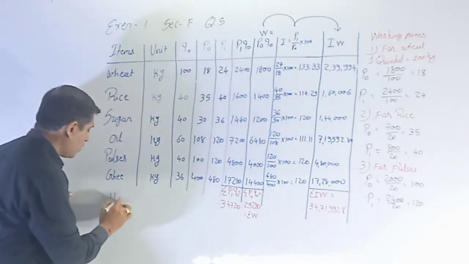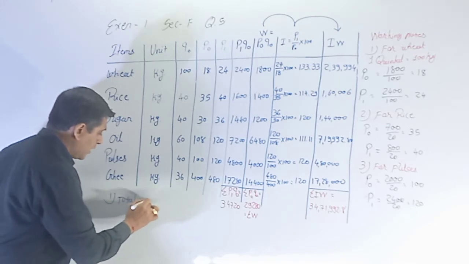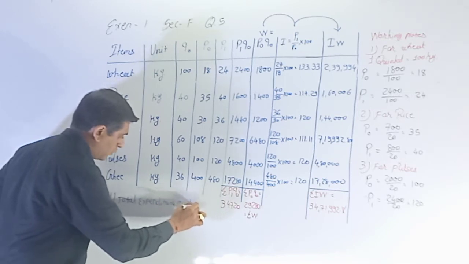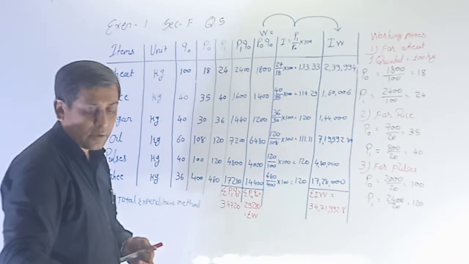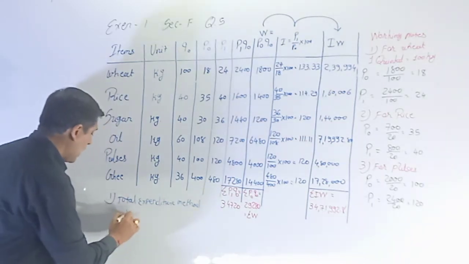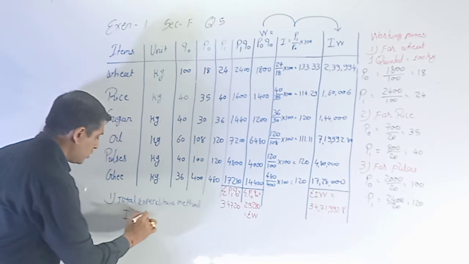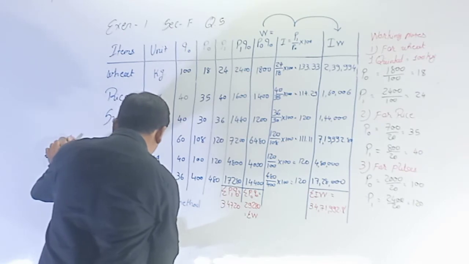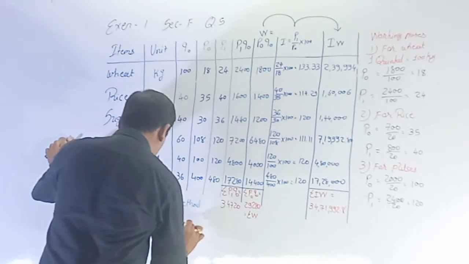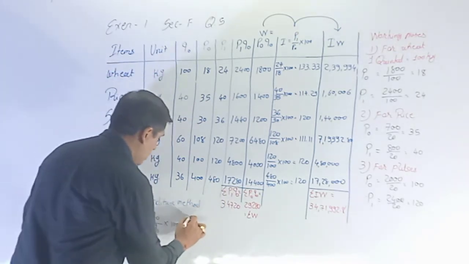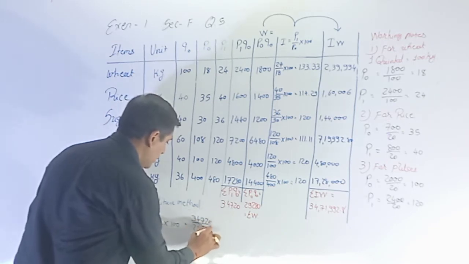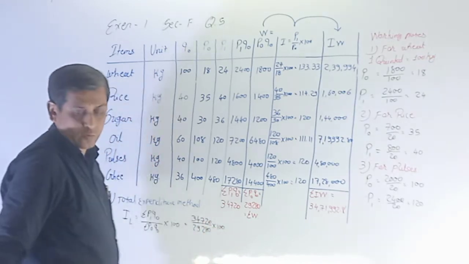So here you have to write first the total expenditure method index number, that is IN is equal to sigma P1 Q0 upon sigma P0 Q0 into 100, that is 34720 divided by 29280 into 100.